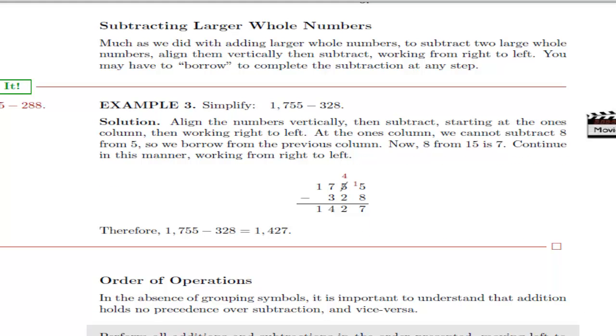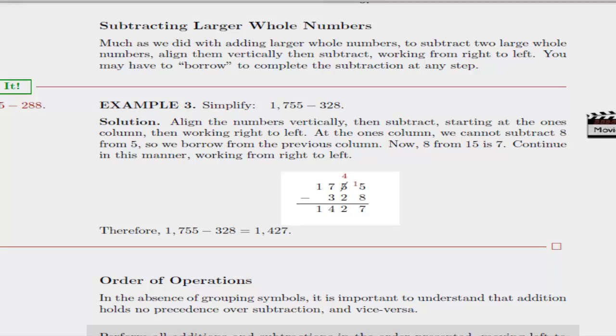Subtracting larger whole numbers. Much as we did with adding larger whole numbers, to subtract 2 large whole numbers, align them vertically, then subtract, working from right to left. You may have to borrow to complete the subtraction at any step. Example 3. Simplify 1,755 minus 328.